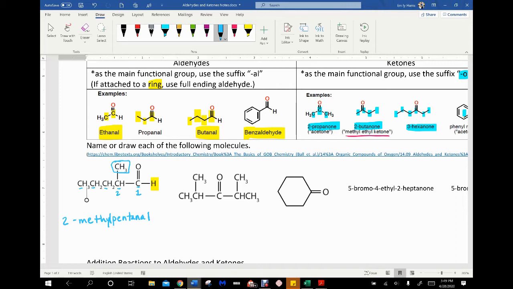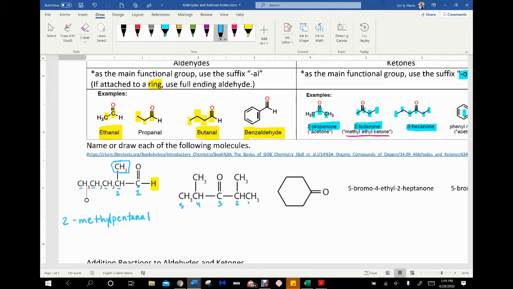Okay, so now let's go on to this next one here. In this next case, we've got a ketone. It's got more carbon groups on either side. And so let's go ahead and count our carbon chain to see how long it'll be. So we've got 1, 2, 3, 4, 5.